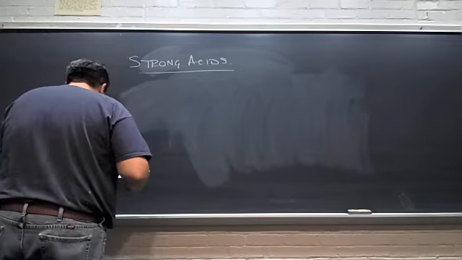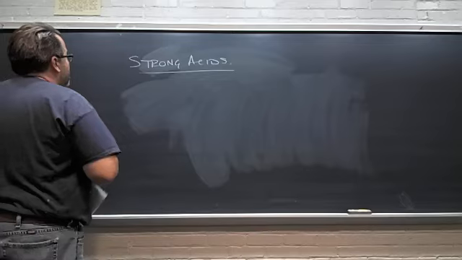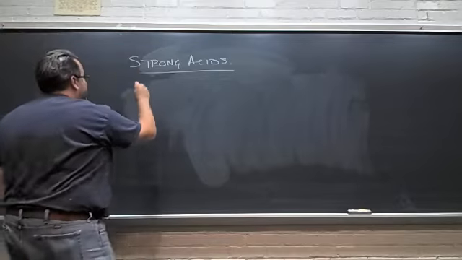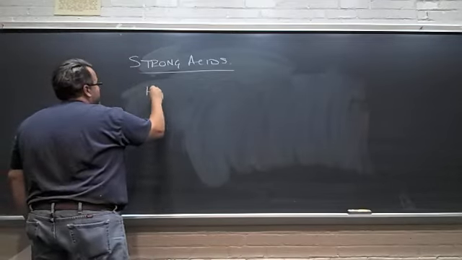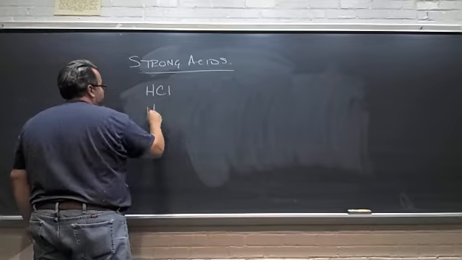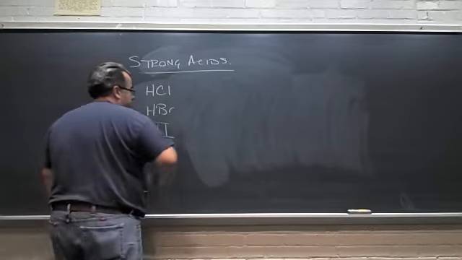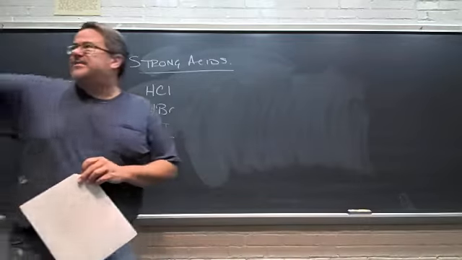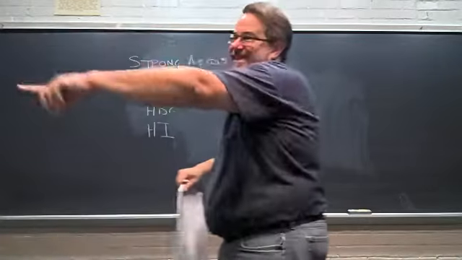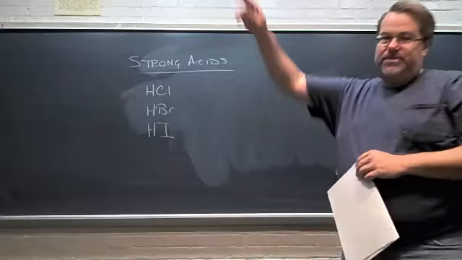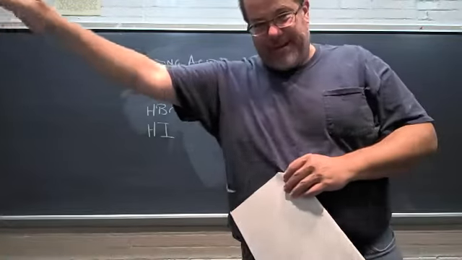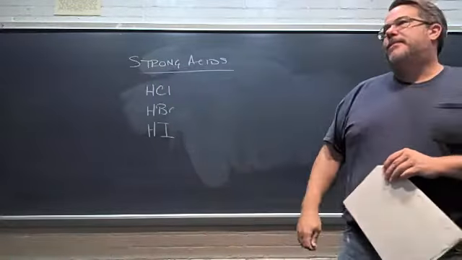Okay? So the first group of strong acids are pretty easy. These are the binary acids. I do this in class all the time. I'm pointing over here because there's a periodic table on my right. Of course, you guys can't see it.